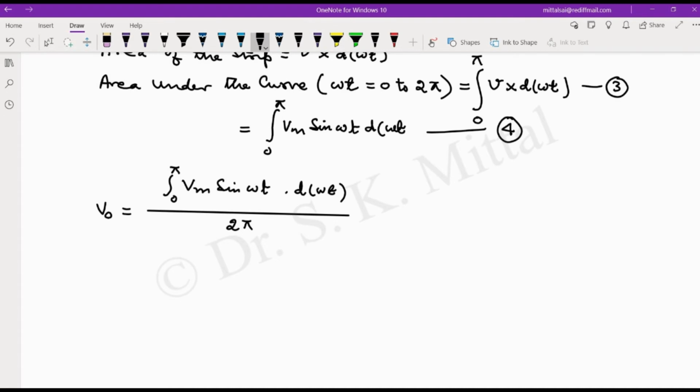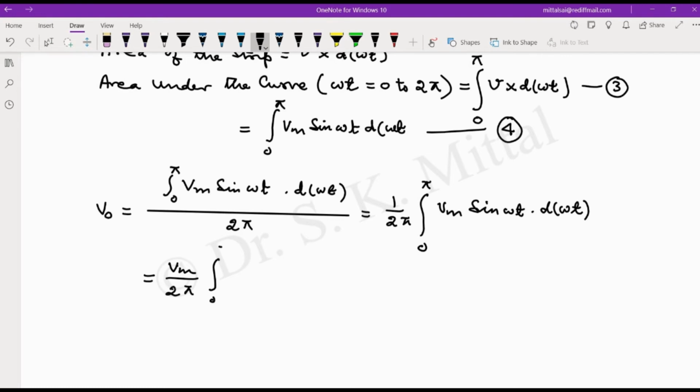So therefore, we can write this as 1 upon 2 pi integral 0 to pi Vm sin omega t into d omega t. Since Vm is a constant maximum value, we can take it out of the integral sign. Therefore, it will be Vm upon 2 pi integral from 0 to pi sin omega t into d omega t.